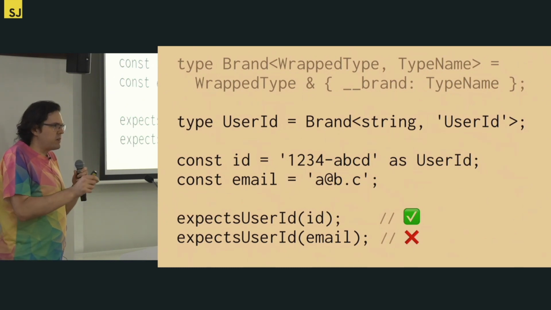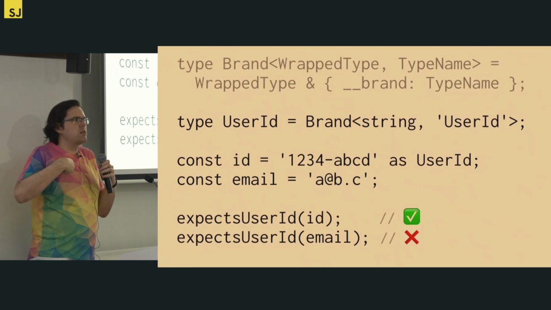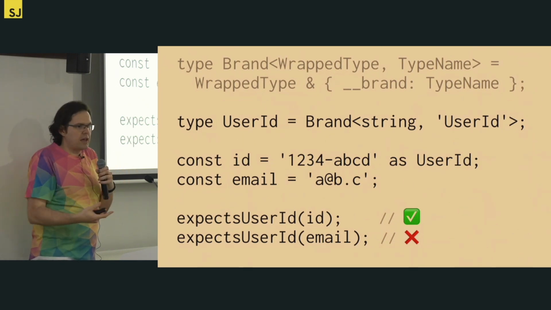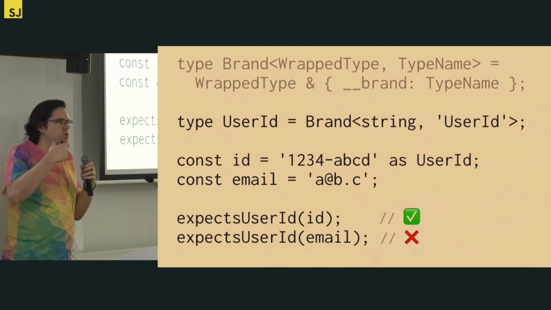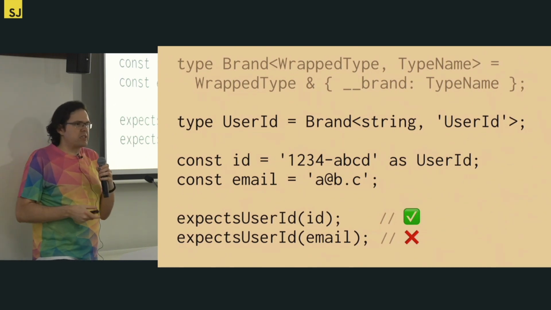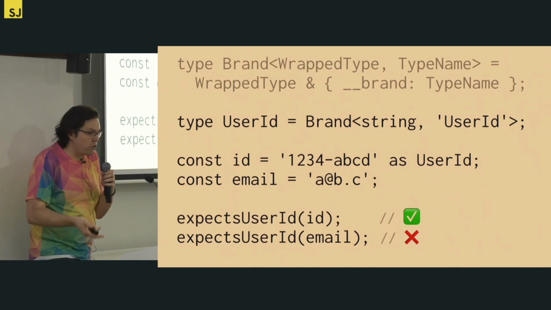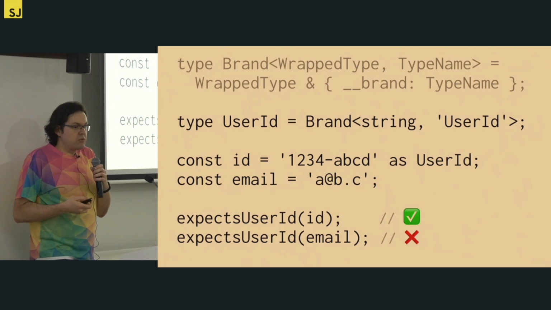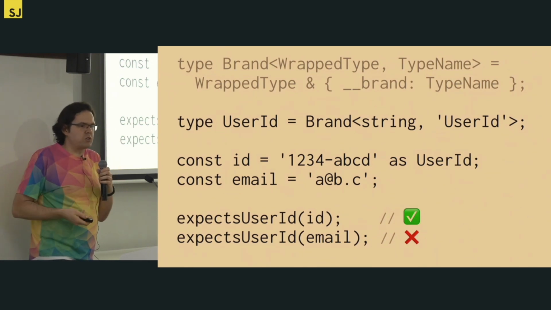If you specifically require UserIDs as input, you can have TypeScript check that you've already done the work to verify that it's a UserID, instead of repeating over and over again, is this a UserID? Is this a UserID? You've already got it as type information, and TypeScript can use that and check it for you. It involves a whole bunch less rework, and again, it's taking advantage of TypeScript to check some of the stuff for you.